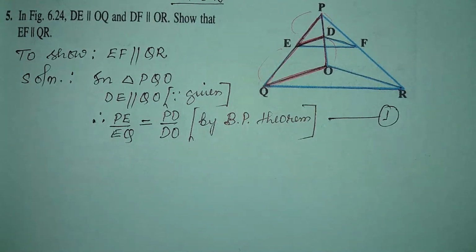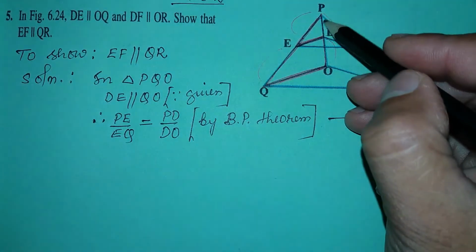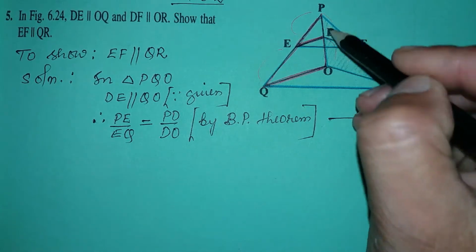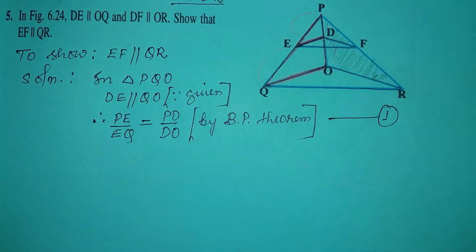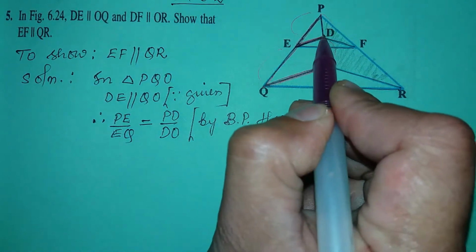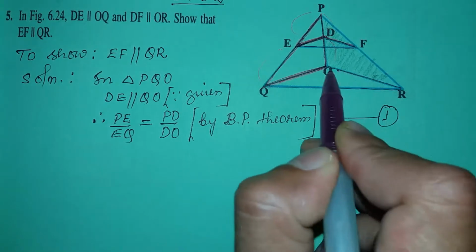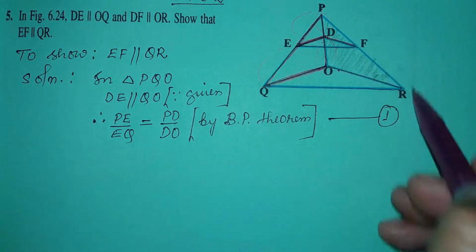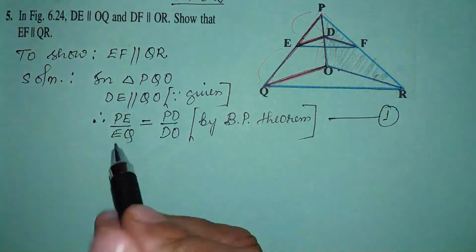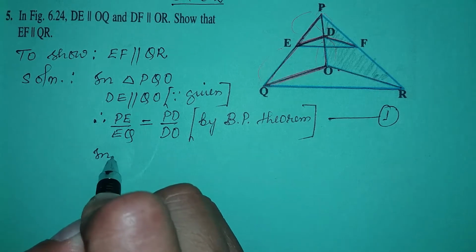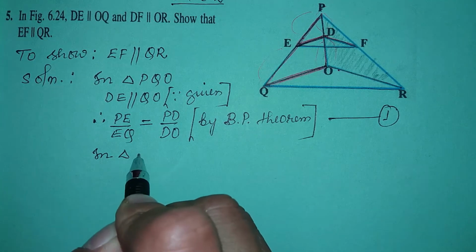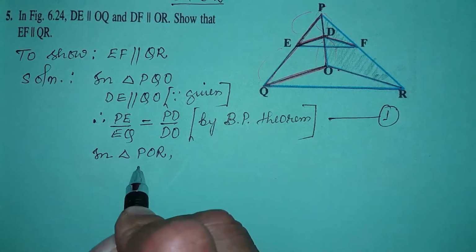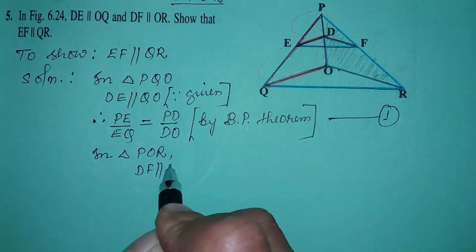And again we're going to take the other side triangle. Now here again in this triangle, DF is parallel to OR. So we will have PD by DO equal to PF by FR. In triangle POR, DF is parallel to OR.